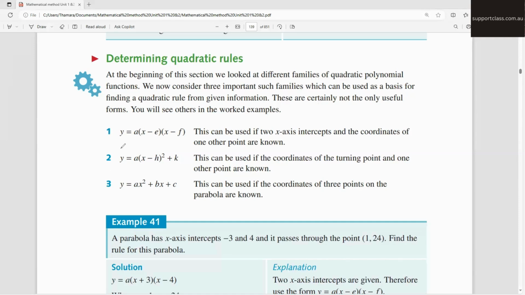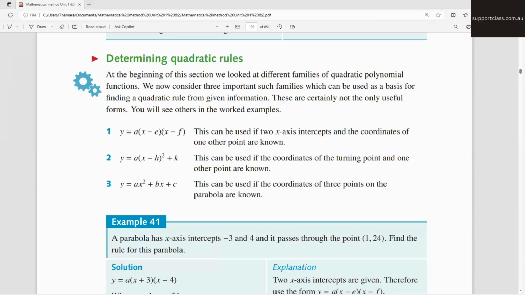The first one is this model. We use the null factor theorem to solve this equation. In this one you can see y is equal to a, open bracket x take away e, close bracket, and open bracket again, x take away f.